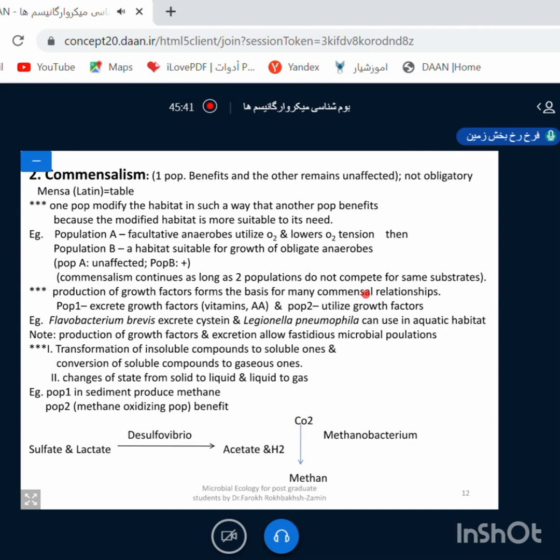If you don't give it, it won't grow. We call them fastidious bacteria.